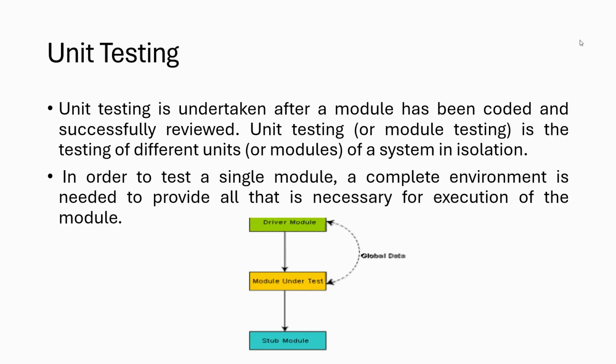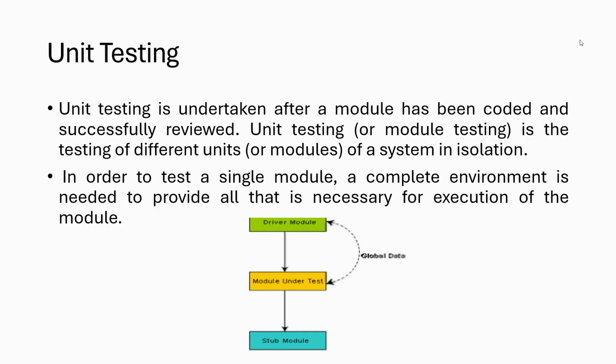So here you can see a stub module is given and a driver module is given. A stub module is a dummy procedure that has the same input output parameters as the given procedure, but has a highly simplified behavior. For example, a stub procedure may produce expected behavior using a simple table lookup mechanism, whereas the driver module contains the non-local data structure accessed by the module under test, and would also have the code to call the different functions of the module with appropriate parameter values.